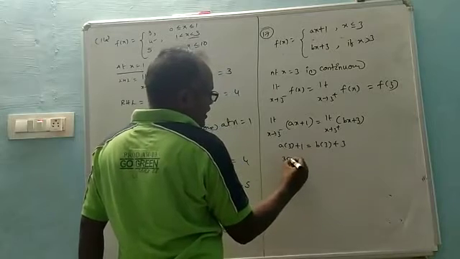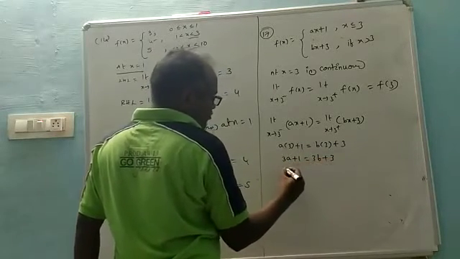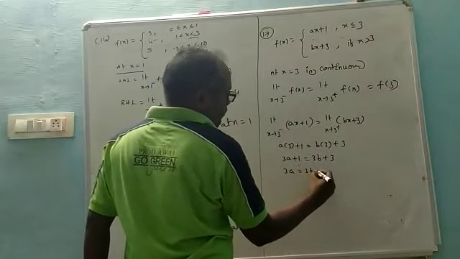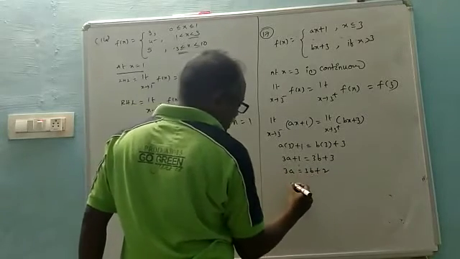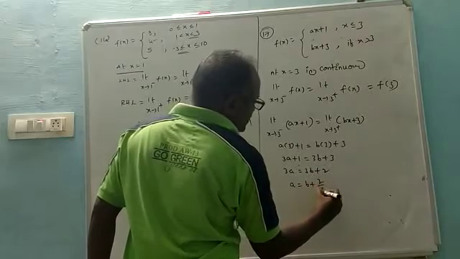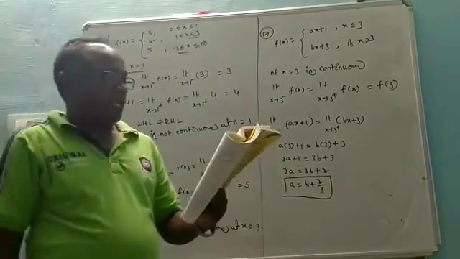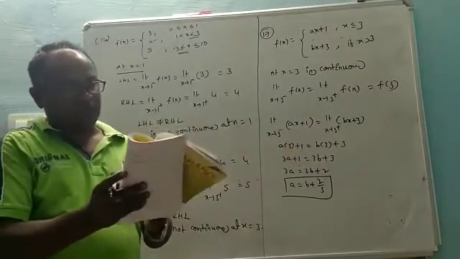Therefore 3a plus 1 is equal to 3b plus 3. Therefore 3a is equal to 3b plus 2. Now transposition. What about the value? Here a is equal to b plus 2 by 3 is the relation. In the same way, 18th to 25th problem, the same model.